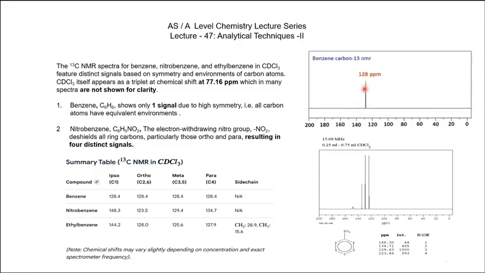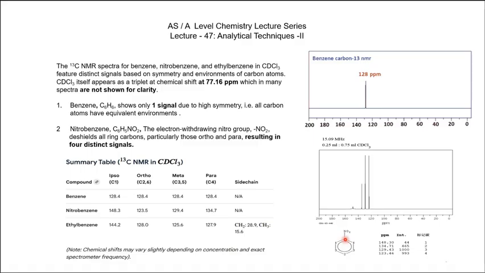Where is the peak? If we take some other compound and look at that, how can we interpret the spectral data? If we take nitrobenzene, for example, that is the structure of nitrobenzene. So we find out how many carbon atoms have different environments.